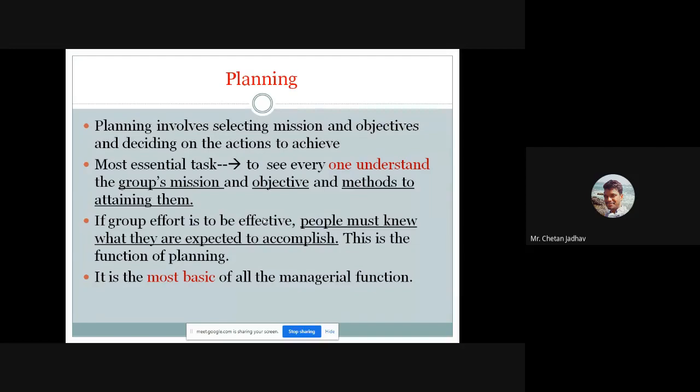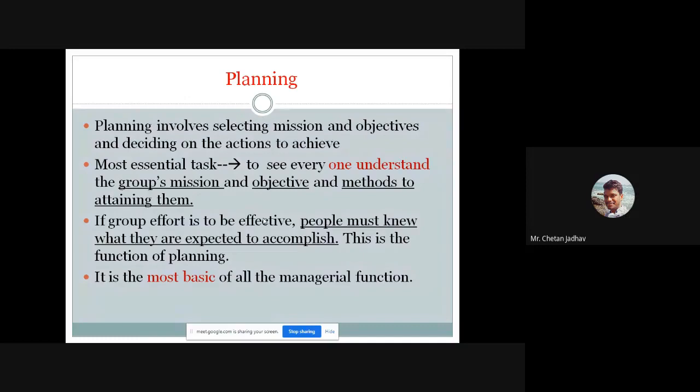So this is called planning. So what is the important task for achieving our target while doing the planning, or by implementing this planning in our organization, to see everyone understood the group's missions?